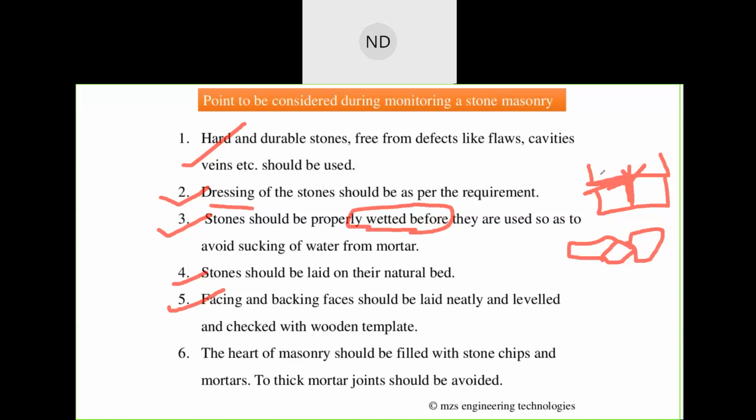When you are making stone masonry and joining the stones, if you are using mortar, it should not be thick, it should be thin. A thin layer of mortar should be used so that the look of the masonry will be as you want, with your stones visible in a parallel straight line.